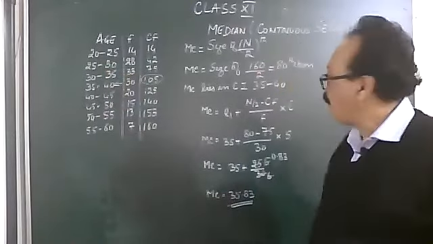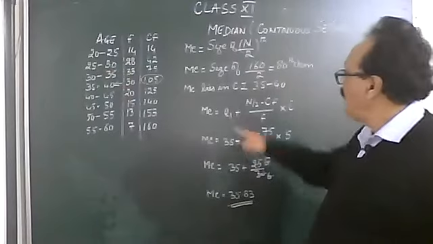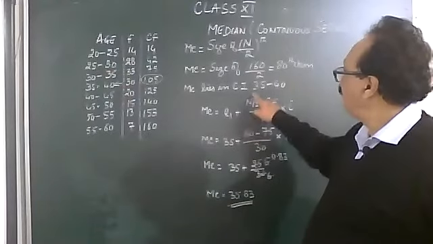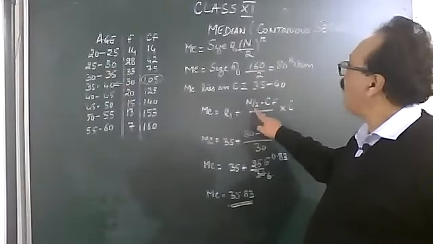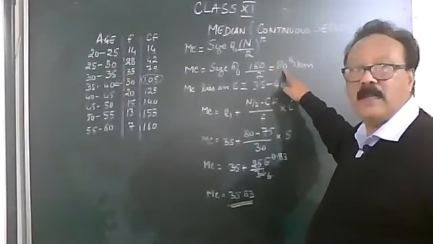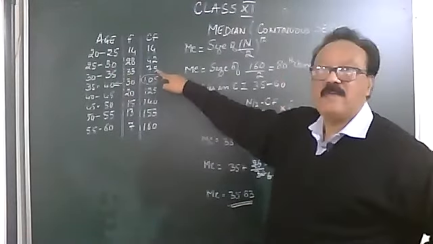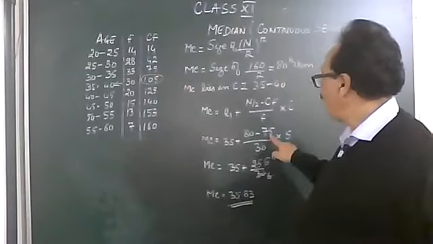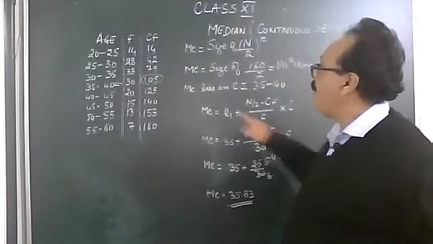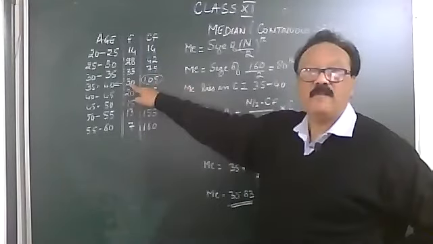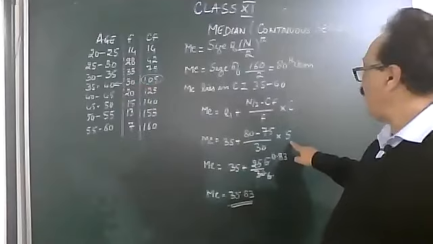5. So now putting those values in the formula, L1 is 35, the lower limit. N by 2 is 80, which we have calculated. Minus CF, the one above, 75 upon F. F is the frequency in front of it. I is 5.